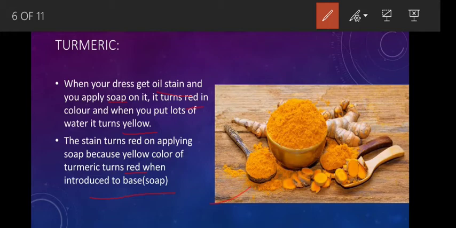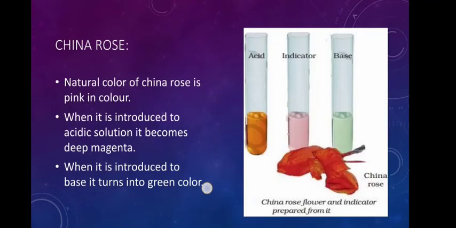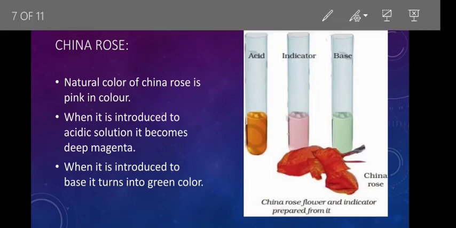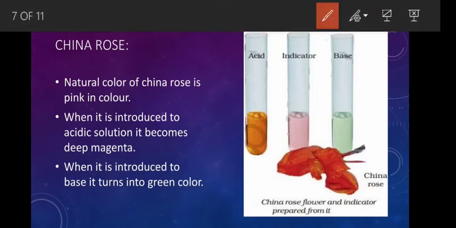Okay. Now talking about the next natural indicator, China rose. It is light pink in color. Which color, children? It is light pink in color. When you introduce it, let us see the change in the color.